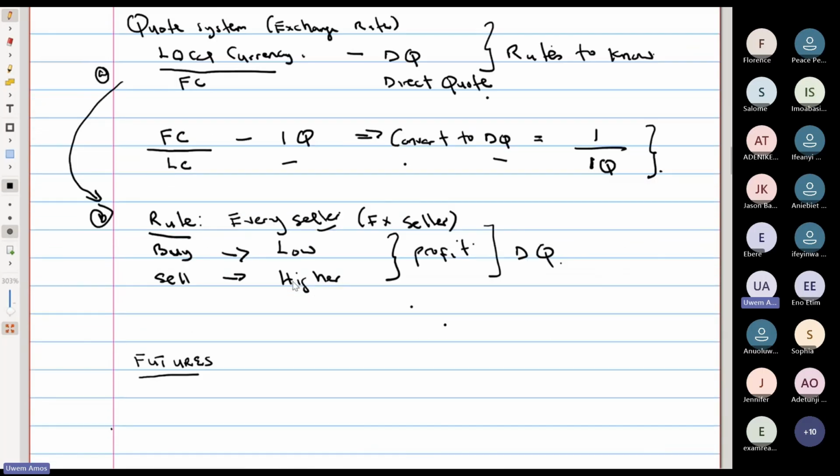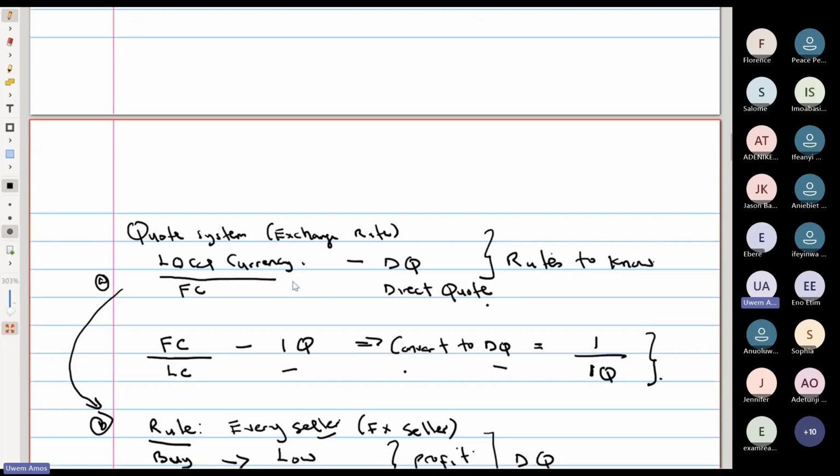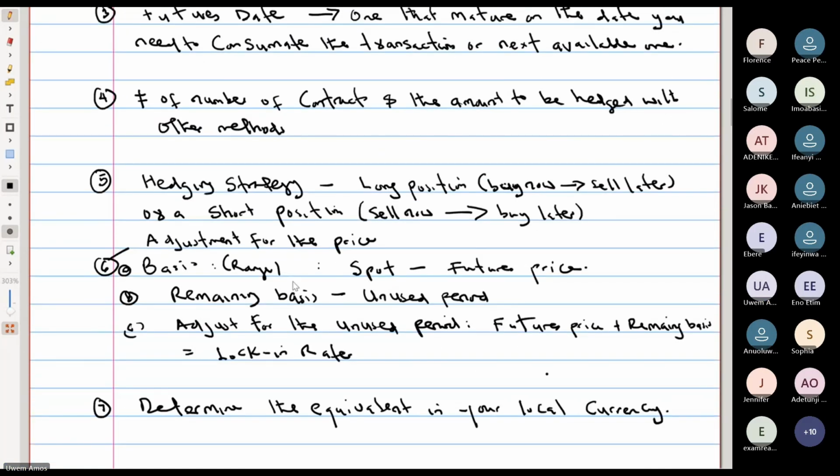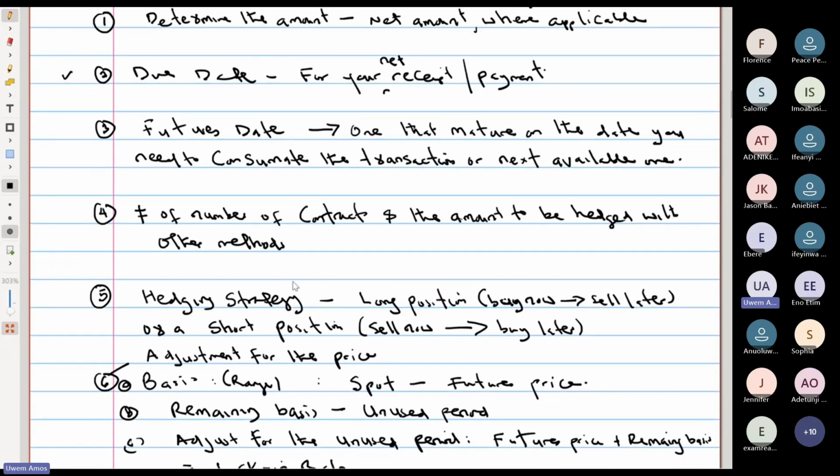All right. So let's get right back to our solution then. Let's take one more step and then we can take more questions after that so that we can make some progress, because I really want to get done with this today if we have the time, rounding up in 30 minutes or less. So now we've determined this, we now need to determine the hedging strategy, which is our step 5.